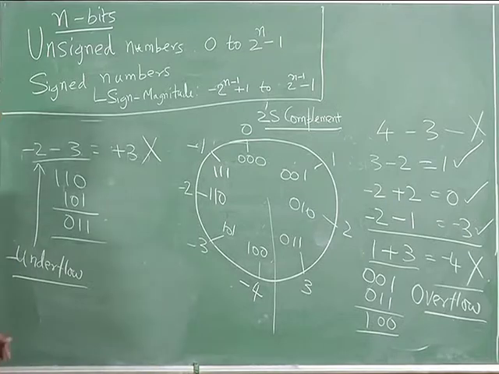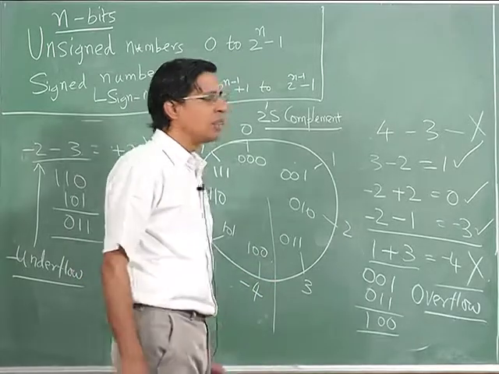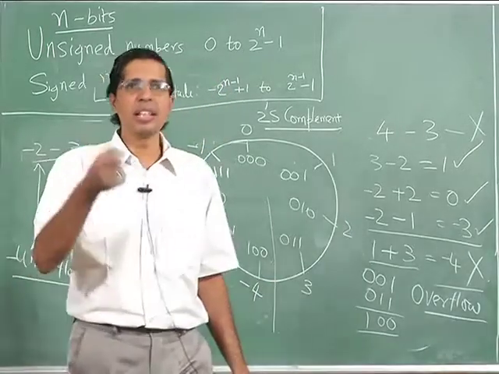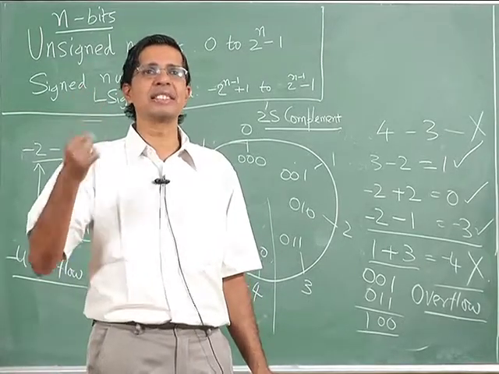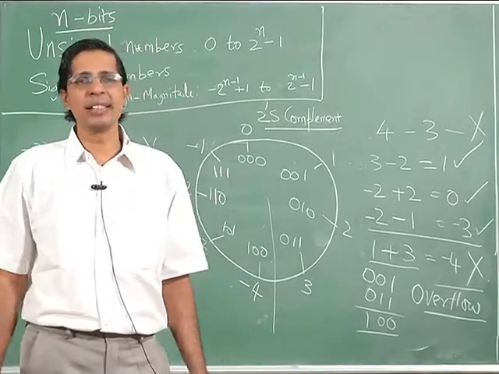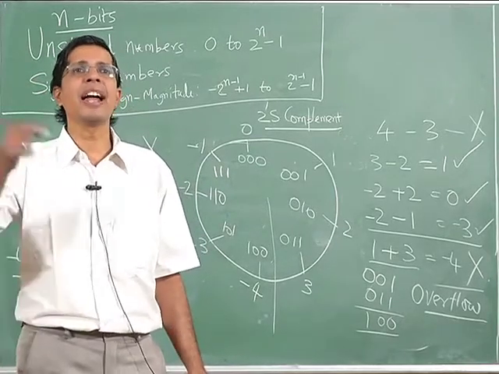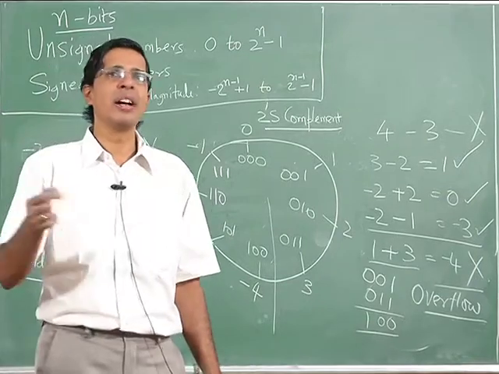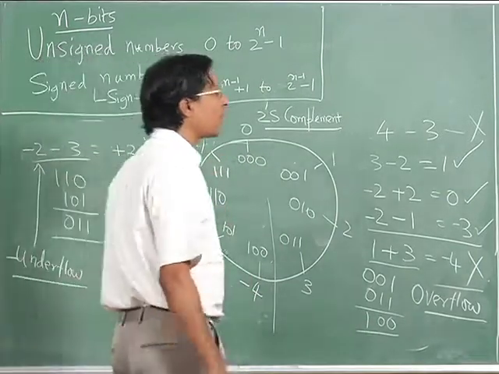Now, this is another thing. It is very easy for somebody to check the overflow or the underflow. If you look at traditional computer architecture, there is something called a flag register, which tells you whether the previous arithmetic operation had indeed landed up with an overflow or an underflow.